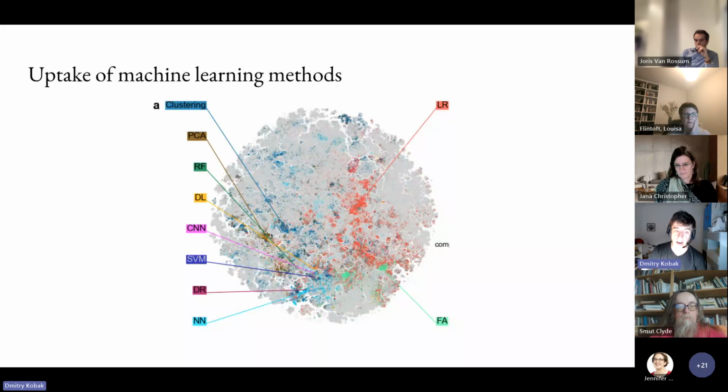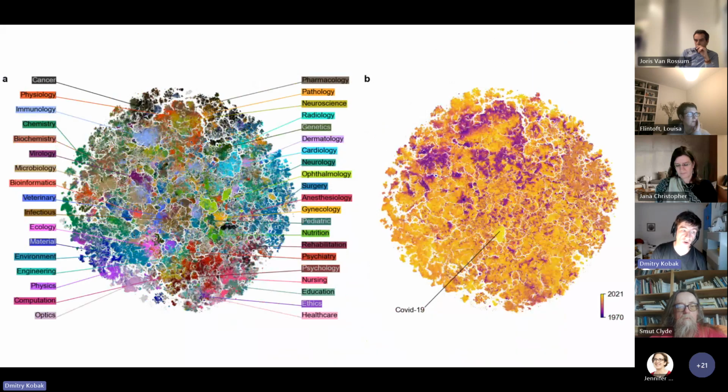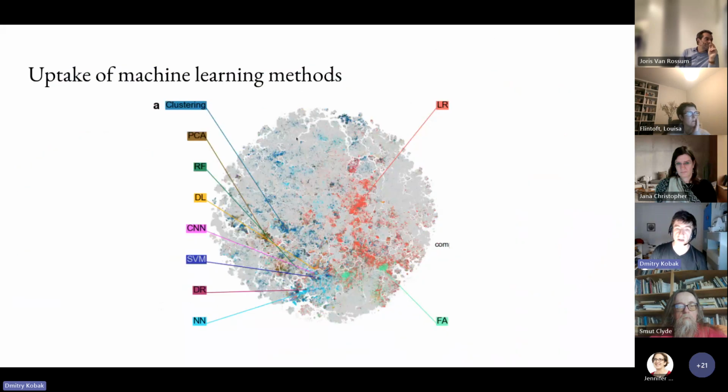And then we see these islands that preferentially use PCA. Then we can go back here and see, okay, that was that field. And in that field, apparently, or perhaps in cardiology or radiology, they like to use convolutional neural networks, things like that. That was interesting for us.